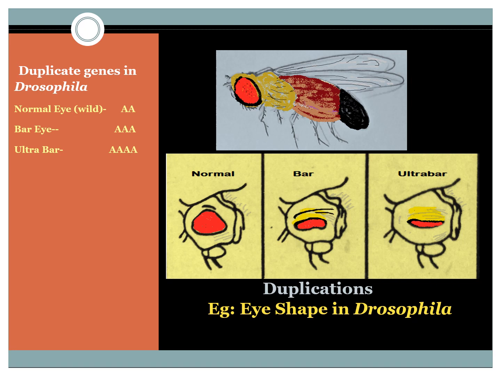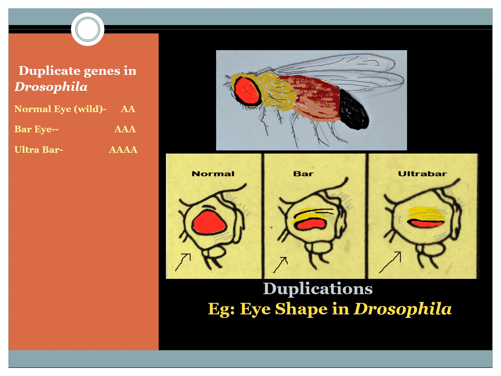See here, this is the normal eye having two genes, and the mutant form, otherwise called the bar eye mutant, has three genes. In the double bar condition, four genes are seen. A repetition of genes leads to a morphological change in the eye of Drosophila. This is the best example for duplications.